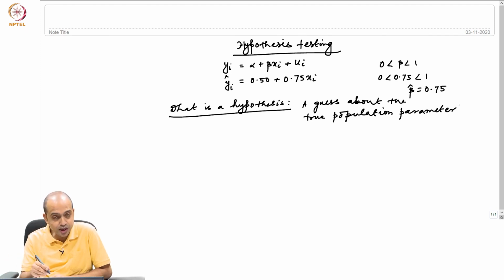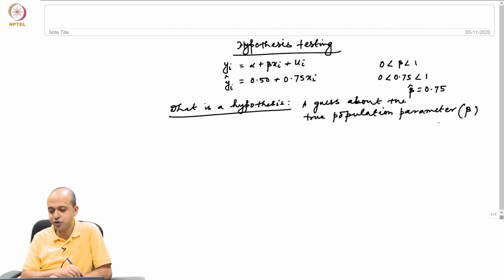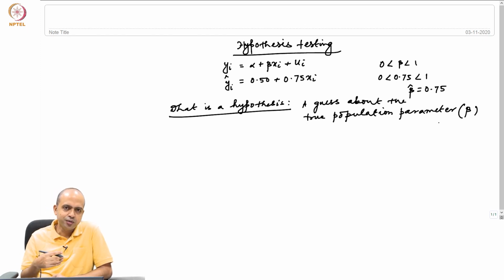In this context, what is the true population parameter? Alpha and beta. Let us say beta here. So, what is our guess? We are guessing that beta is greater than 0.